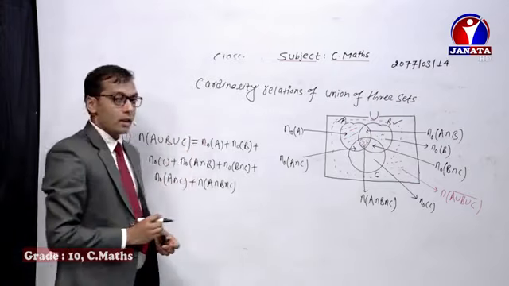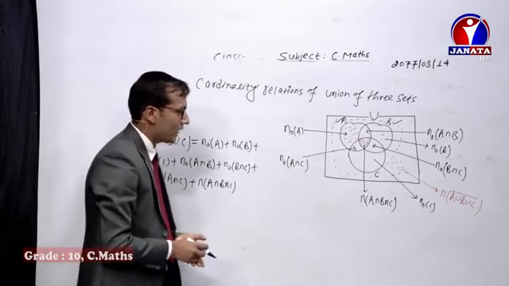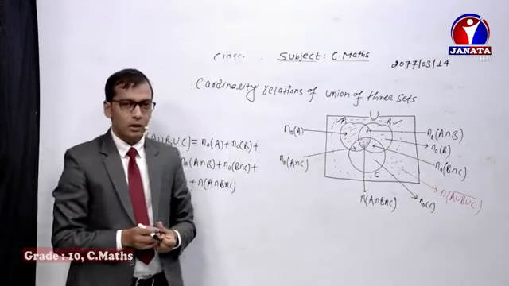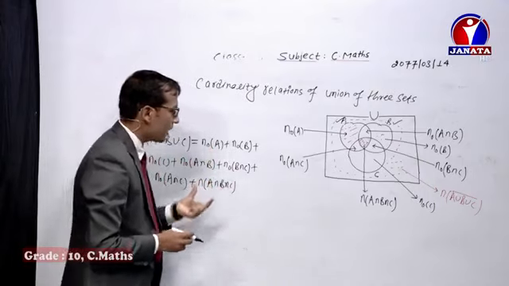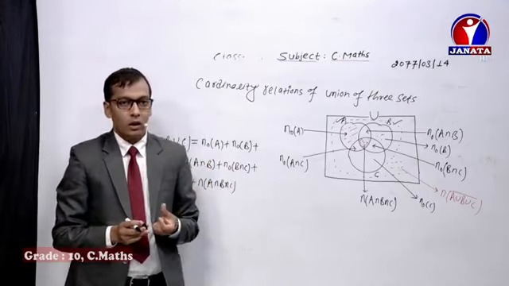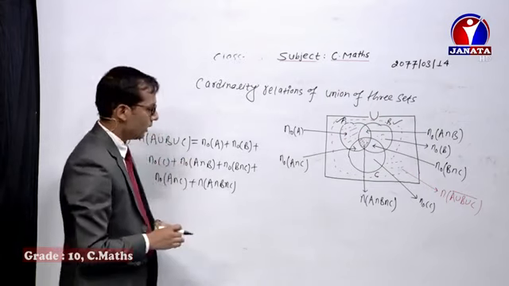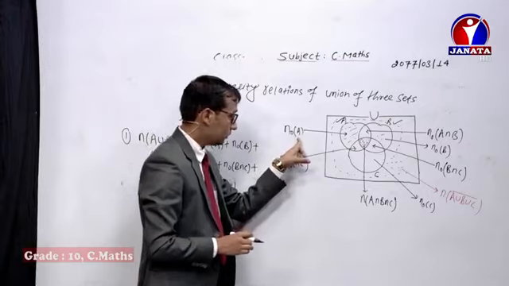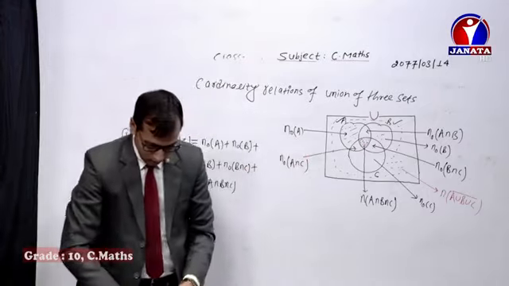This is a simple formula we can derive from the diagram, but this is not necessary. We can get an idea from this, and from this relation we can derive a cardinality formula for the union of 3 sets. Let me tell you what n of A is.